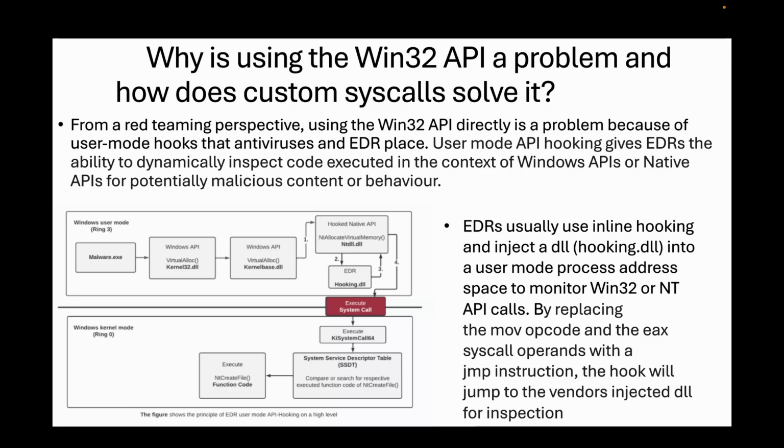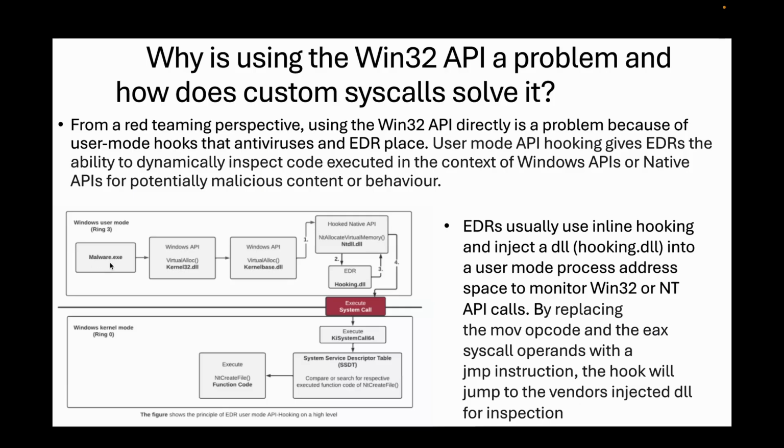EDRs, ironically, usually use inline hooking and inject the DLL, which is another technique that malware uses. It'll inject a DLL into a user mode process address space to monitor Win32 or NT API calls. By replacing the mov opcode and the EAX syscall operands with a jump instruction, the hook will jump to the vendor's injected DLL for code inspection.